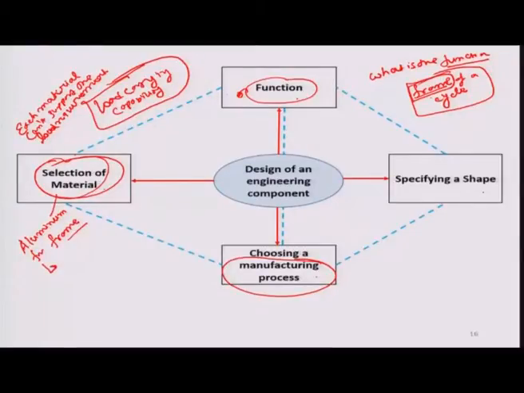It possesses lighter weight and higher strength. So for fabrication of a frame made of aluminum, what will be the appropriate manufacturing process? There are a lot of manufacturing processes.